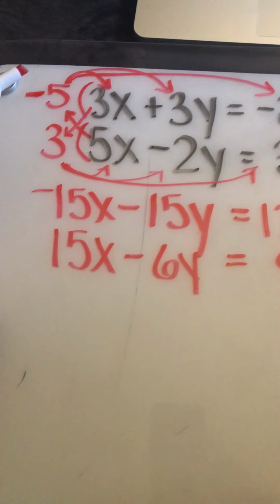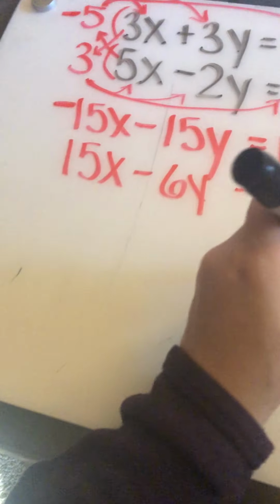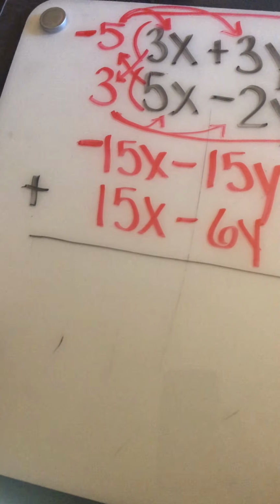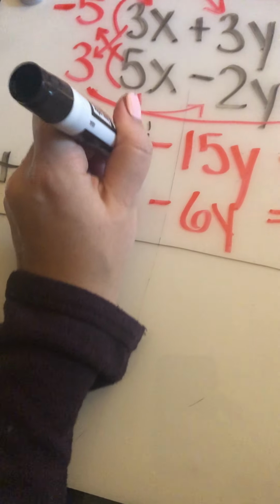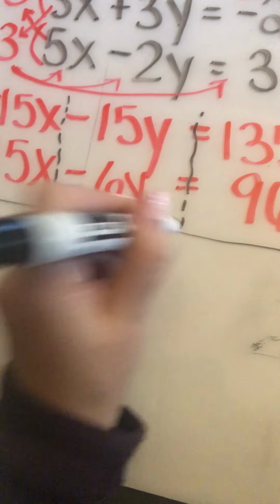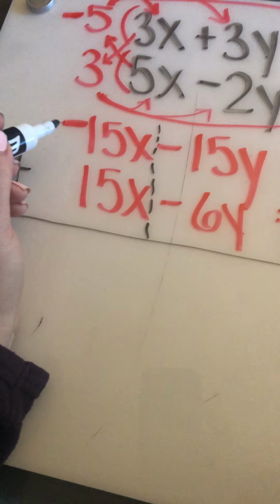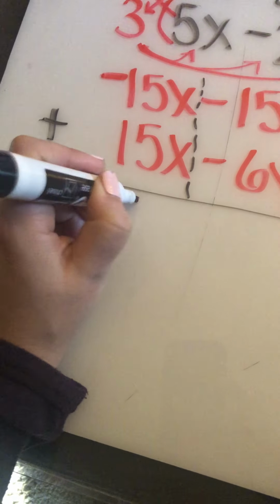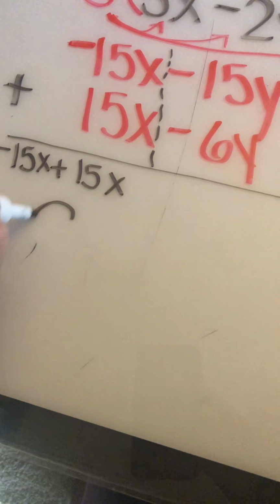We made sure that one of them made opposite products, so that now, looking at this, we can eliminate using addition. And now everything stays the same like you guys already know how to do. So I'm going to make my vertical lines down, and we solve through addition. So negative 15x plus 15x gives us 0, which eliminates the x's.